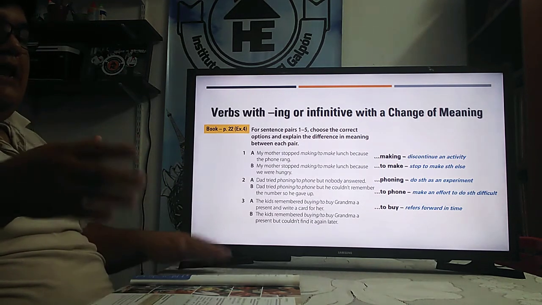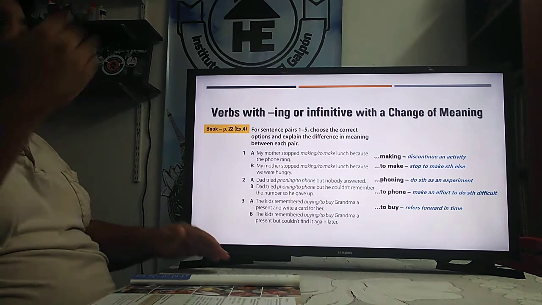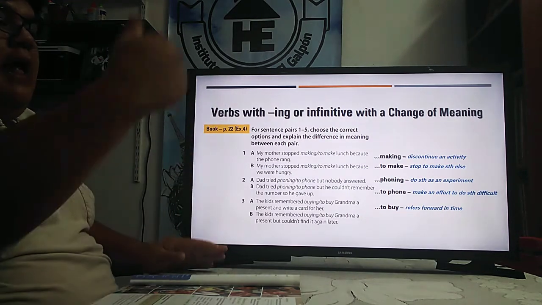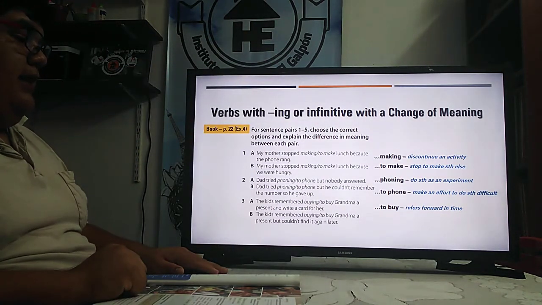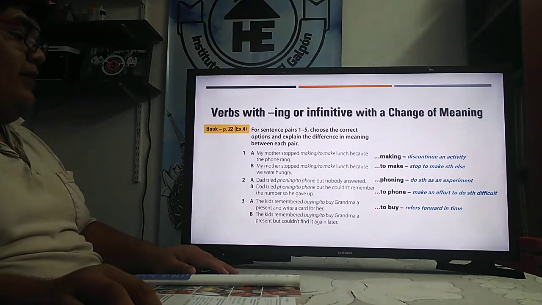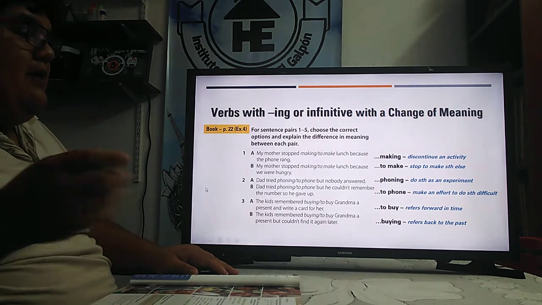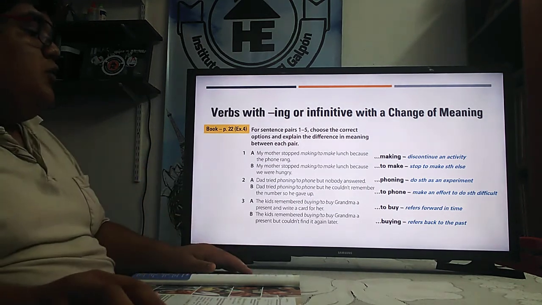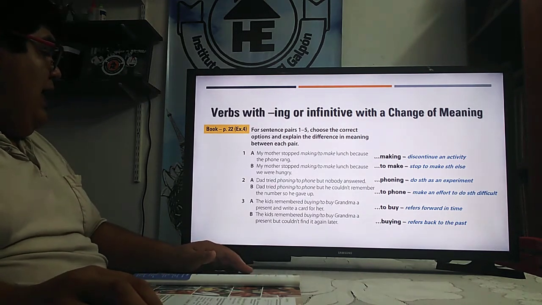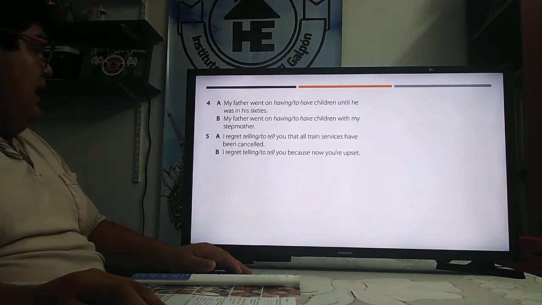It means that the action of remembering includes a future or a next action, okay? They remembered and did the next thing. That is, the kids remembered and went to buy grandma a present. And in the second one, the kids remembered buying, that is to refer back to the past, that is like a memory, okay? And then we have two more examples.